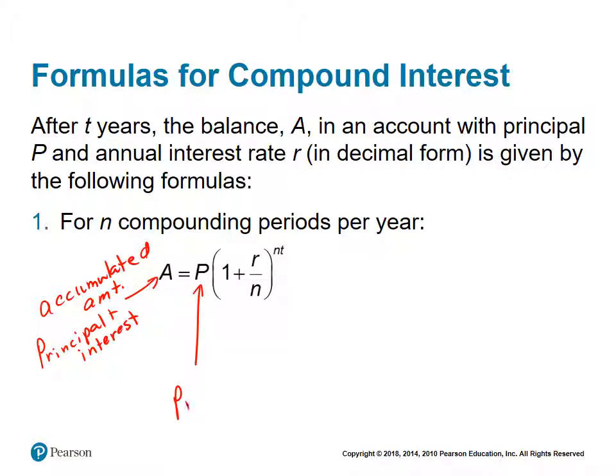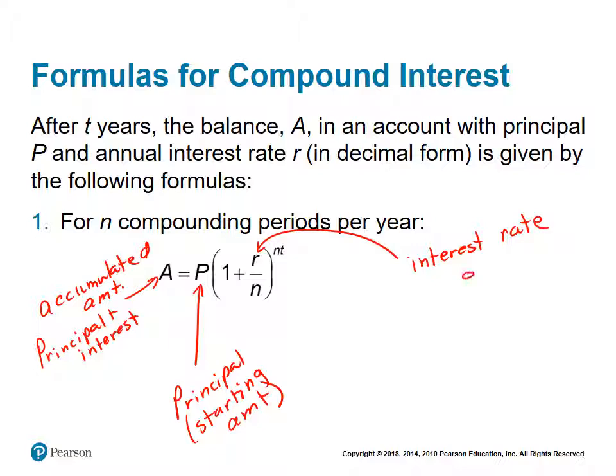P stands for principal. Principal is the starting amount of money. So if you're going to buy a car for $20,000, that would be your principal. The R is the interest rate. Now, the interest rate is always given as a percentage, but you need to remember to change that number to a decimal. T stands for time in years.